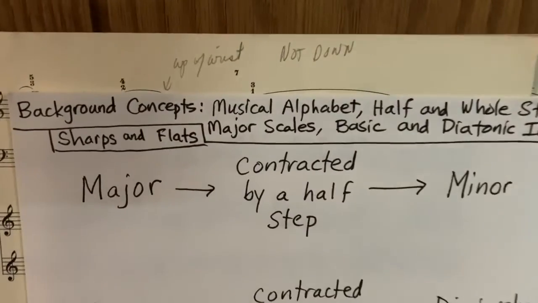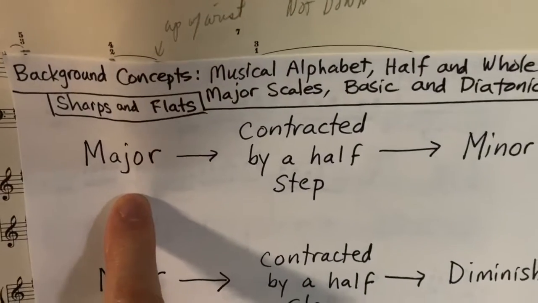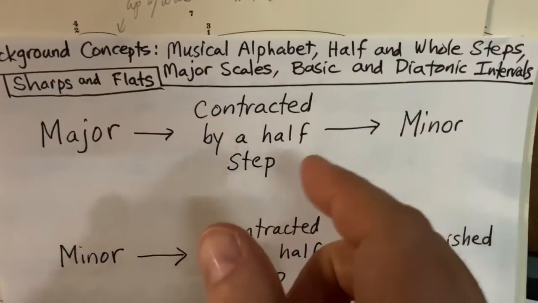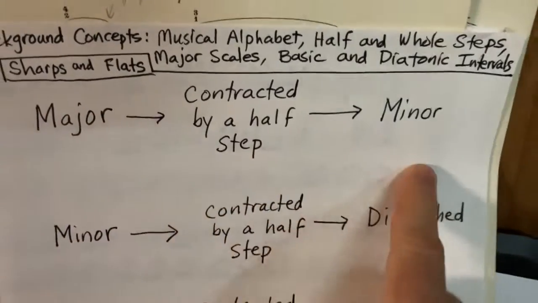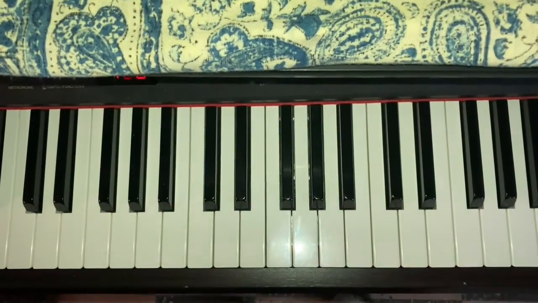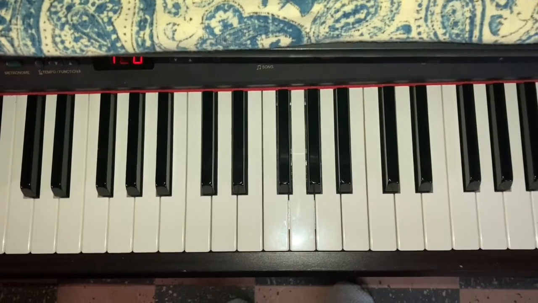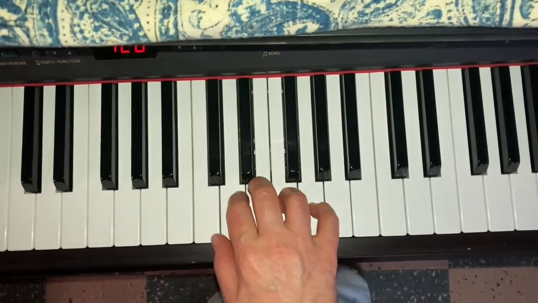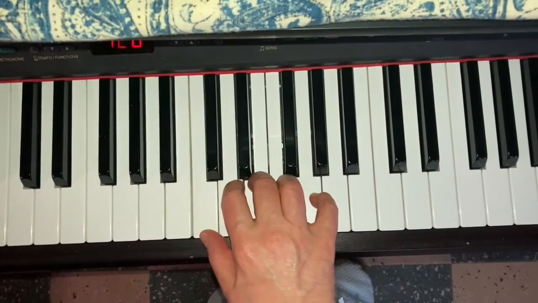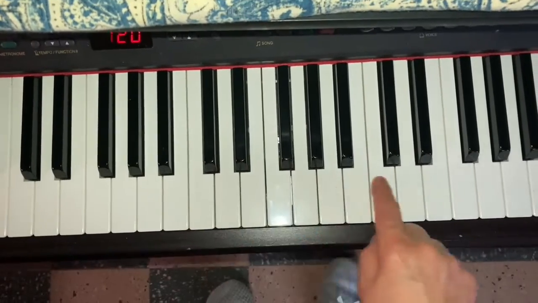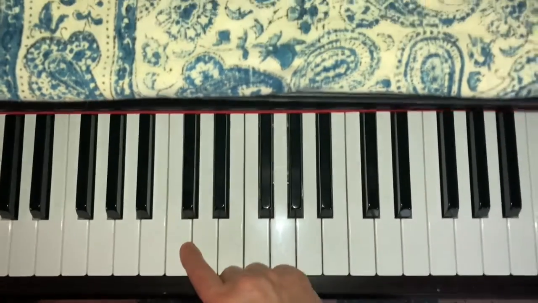Here are the rules. A major interval contracted, made smaller by a half step, becomes minor. Let's do this in C major to make it easy. Here's a major third in the scale of C, which is white keys, no sharps or flats.